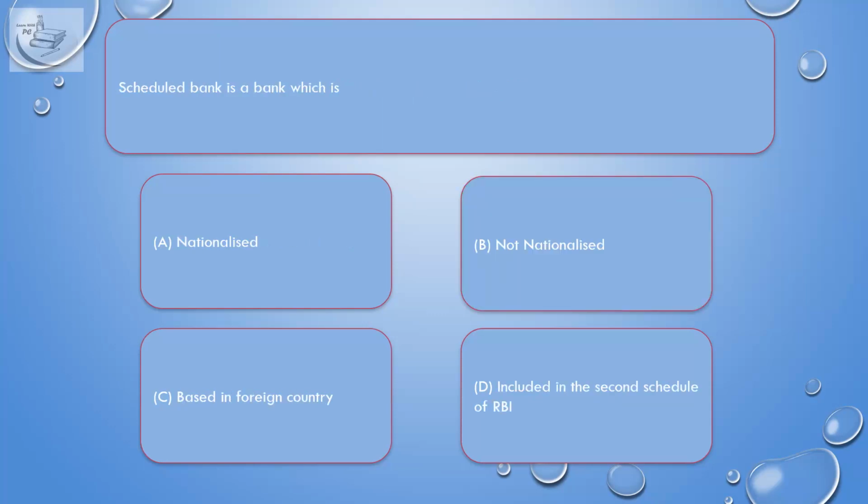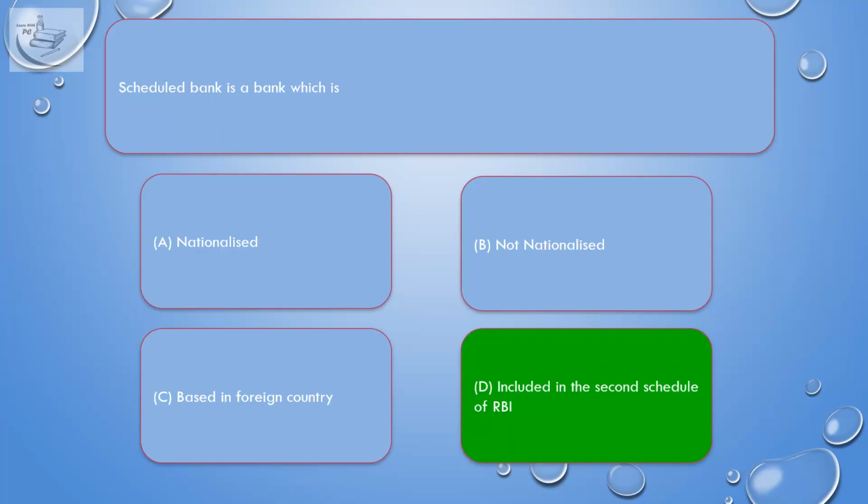Question: Scheduled bank is a bank which is A. Nationalized, B. Not nationalized, C. Based in foreign country, D. Included in the second schedule of RBI. Correct answer is D. Included in the second schedule of RBI.